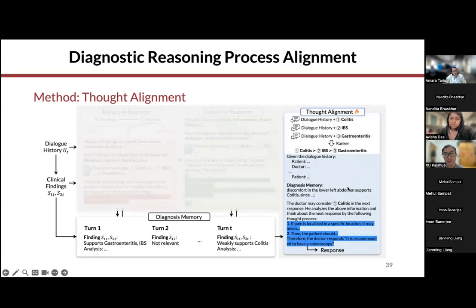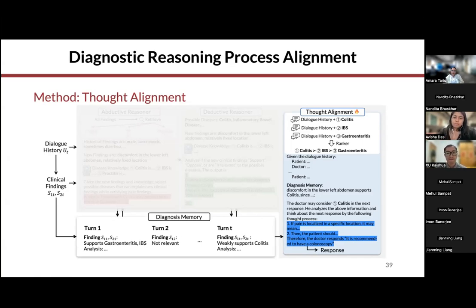We have the basic diagnosis results, and these results are incorporated into the thought process generation. So the thought process will not move far from the diagnosis results, I think.